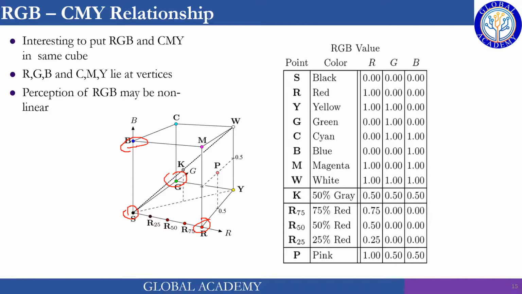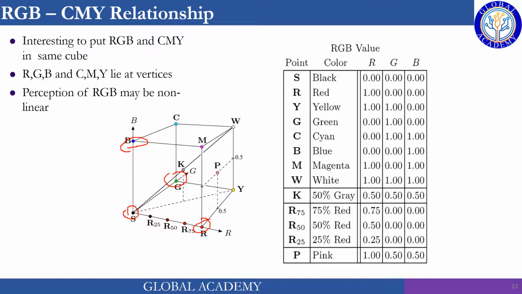If the red is 1 or 255 considering 8-bit values, and 0.5 is equivalent to 127 or 128, and similarly 0.5 is 127 or 128, then using these 3 values we can represent this pink color.